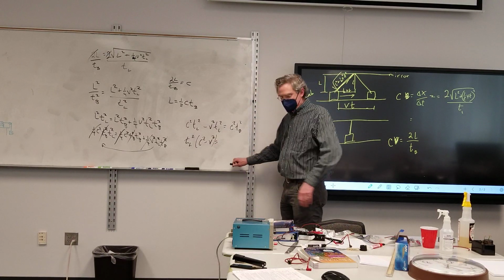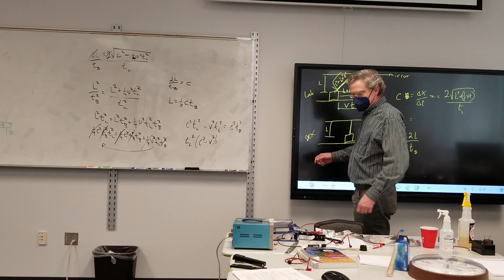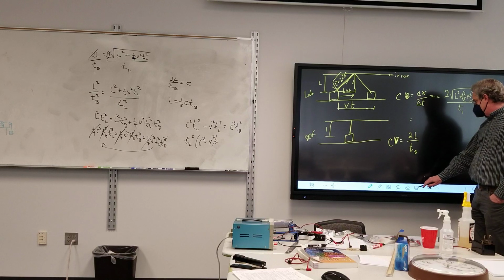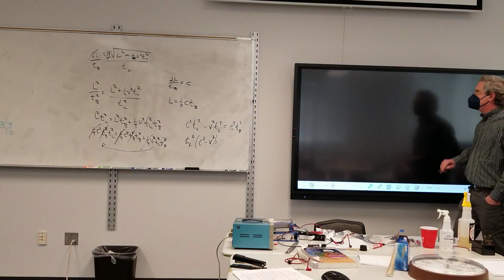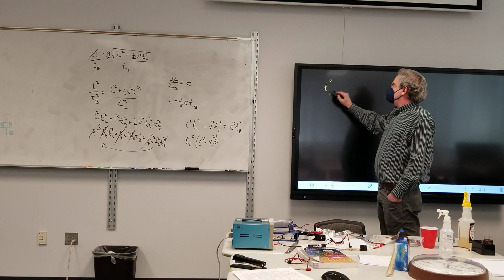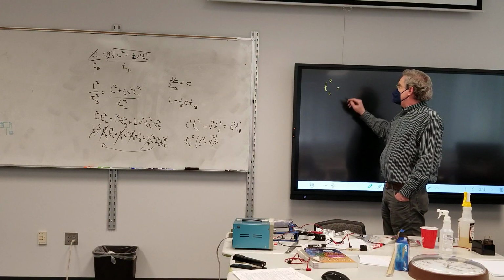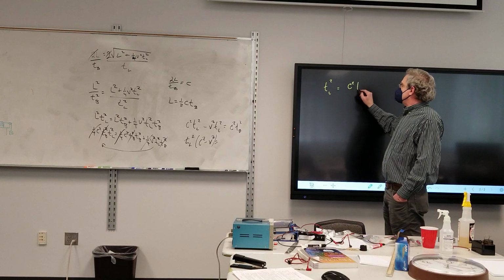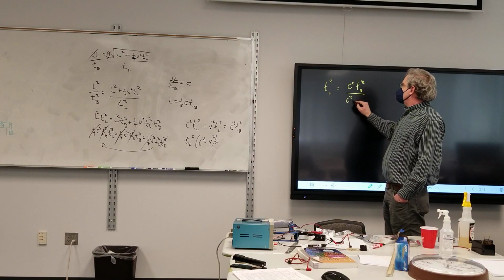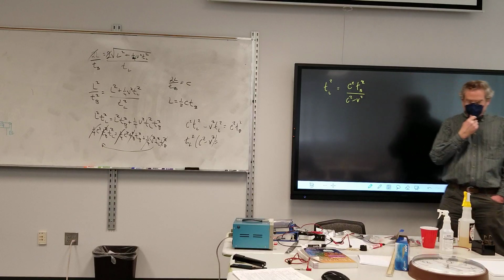And so now I can come up with a relationship. It's not going to be in the standard form, but I will get there shortly enough. So the lab time squared is equal to C squared TB squared over C squared minus V squared.